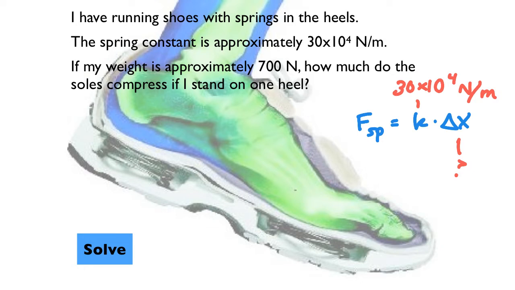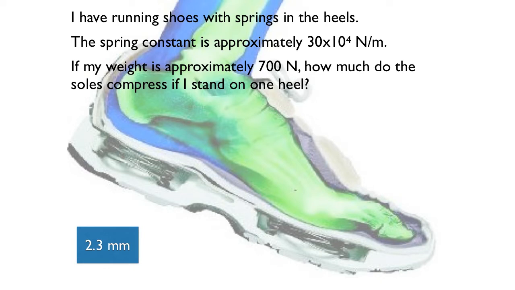And then we know the force of the spring. That's 700 newtons. We're pushing on it with a force of 700 newtons, and it's pushing back with a force of 700 newtons. And so we have everything in hand to solve for delta x. If we do that, we get a compression of 2.3 millimeters. Now that's only about 1/10 of an inch. So that's a tiny, tiny compression.